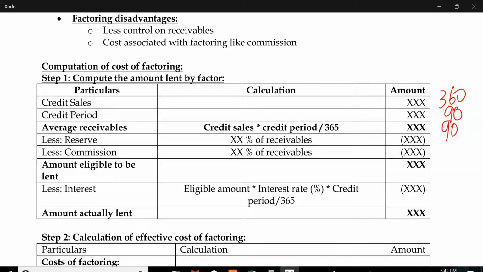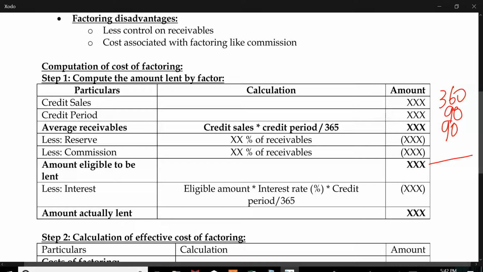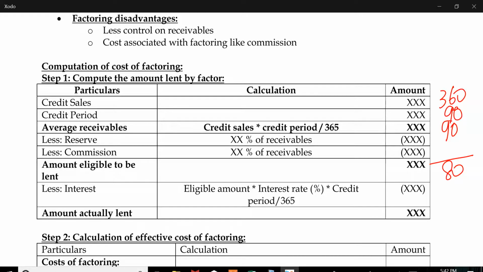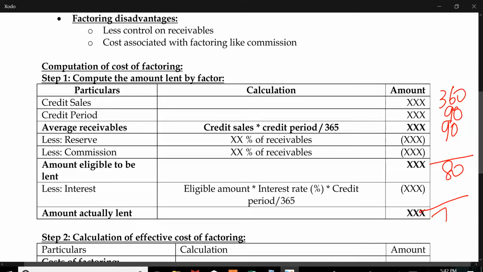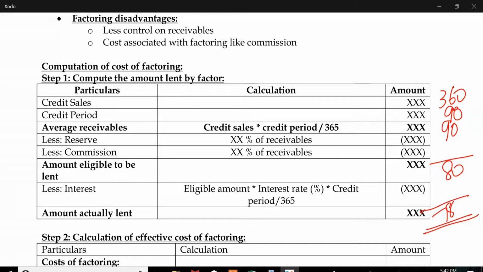He will withhold a reserve. He will also withhold a commission. And then you get an amount which is eligible, which is, let's assume, 80. This also he will not give fully. In this 80, he will deduct interest and give me 78. So the factor will lend me only 78, whereas my need is 90. The balance 12, I'll have to put in out of my pocket or go for a bank loan if it's possible.